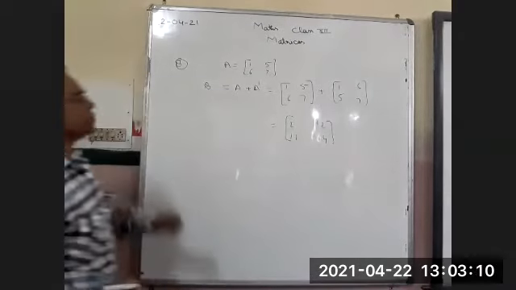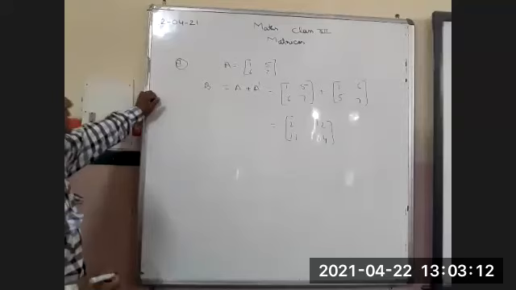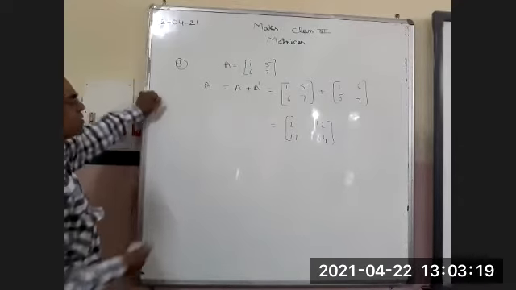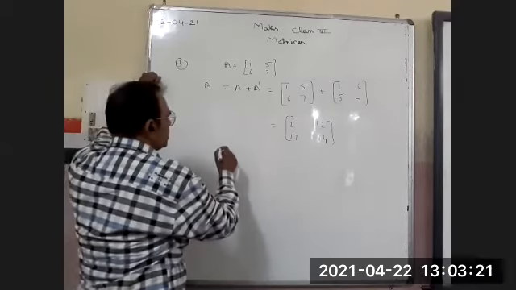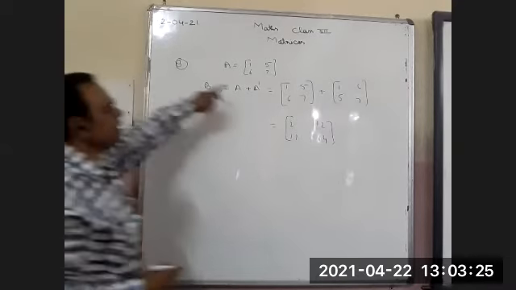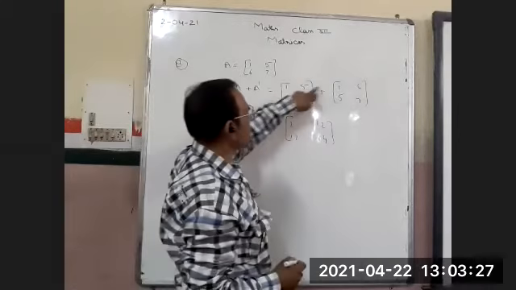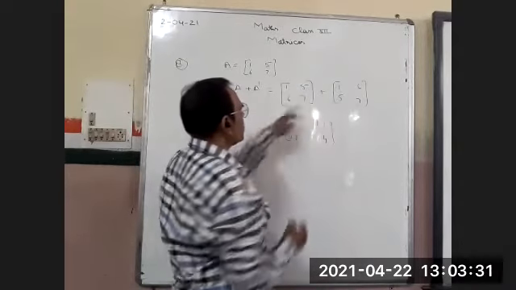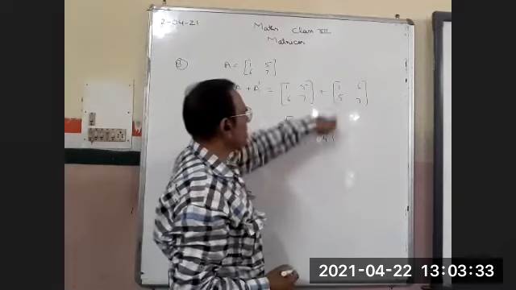Now we have calculated matrices A and transpose of A. If you do the transpose of this matrix, what will be the answer? We have added 1 plus 1 is 2, 5 plus 6 is 11, 6 plus 5 is 11, 7 plus 7 is 14.